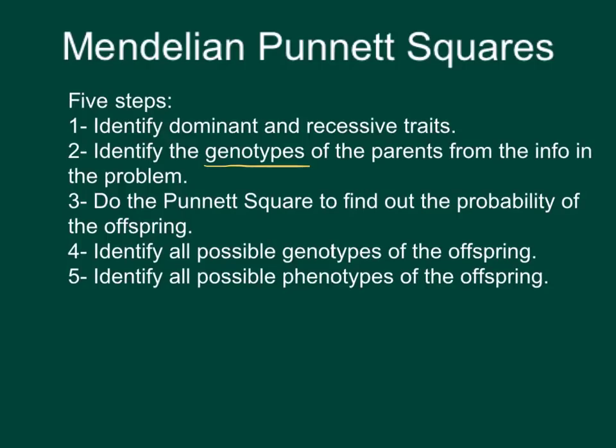Then you have to identify all the possible genotypes of the offspring. These will be all the unique genotypes that show up in your Punnett square. And then the last step is to identify the phenotypes of the offspring based on the genotypes that end up in your box there. So I'll show you one of the problems. I'll walk you through these steps. I promise you, if you follow these steps, it'll make these problems easy.